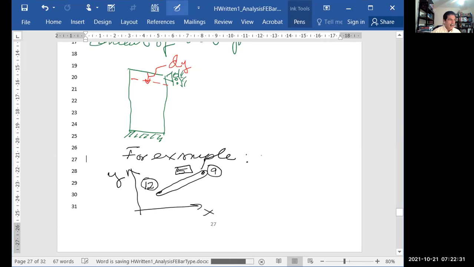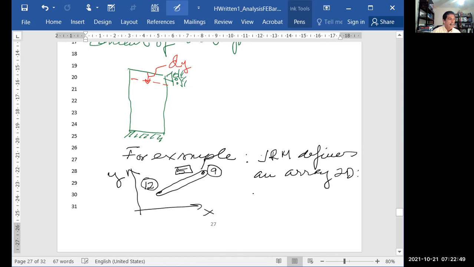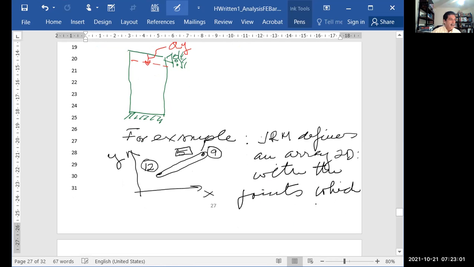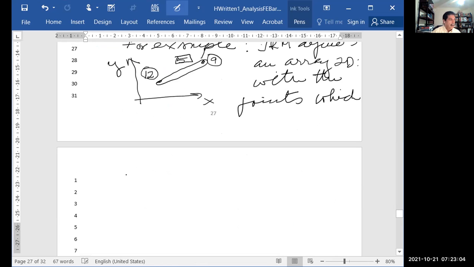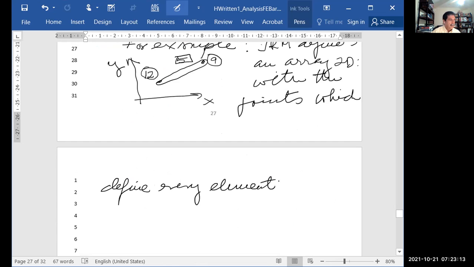Now what I do is define an array with the joints which define every element.